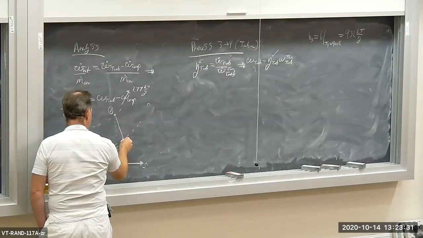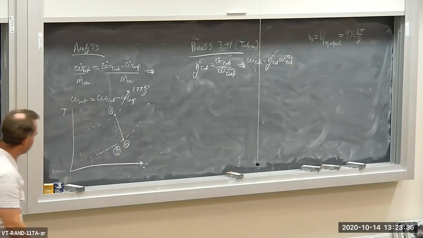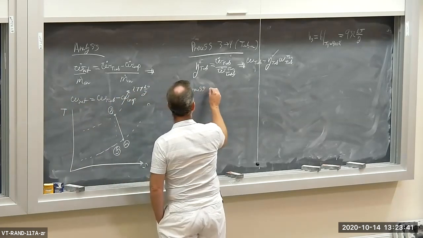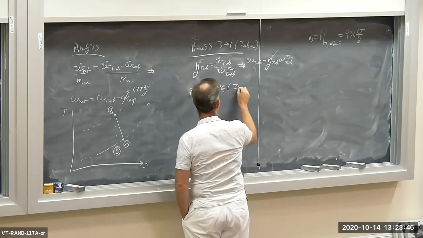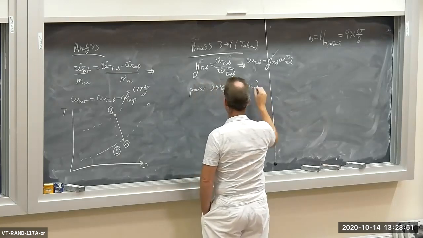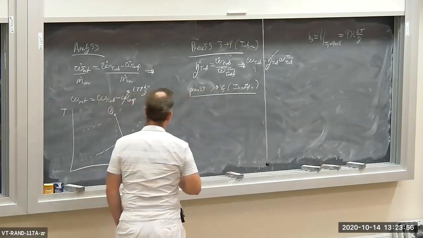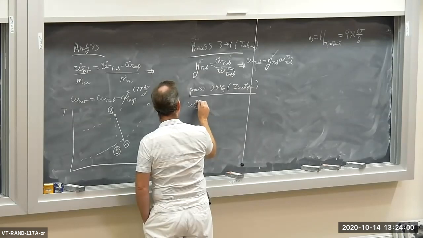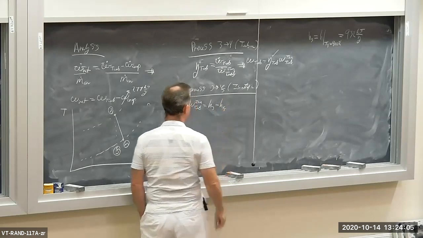The real turbine, with an increase in entropy, goes to state 4. So process 3 to 4s is the isentropic turbine work. Again, energy balance: W turbine isentropic equals H3 minus H4s.